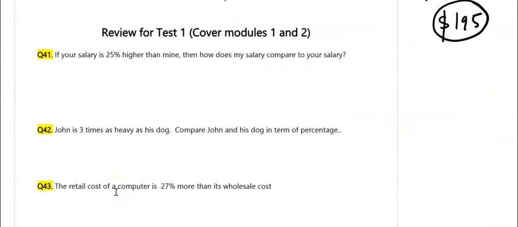Next question. If your salary is 25% higher than mine, then how does my salary compare to your salary? In this case, you can put your reference value. Your salary is higher, 25% more than mine.